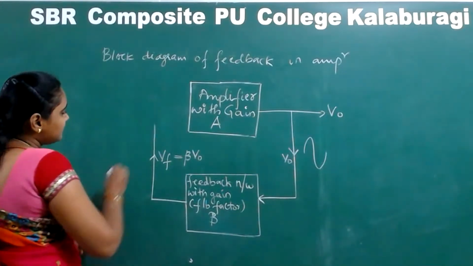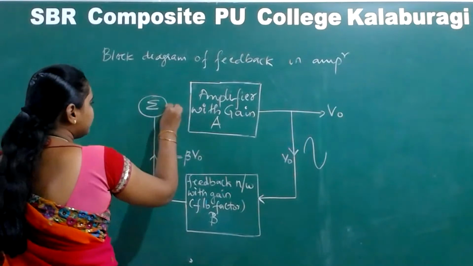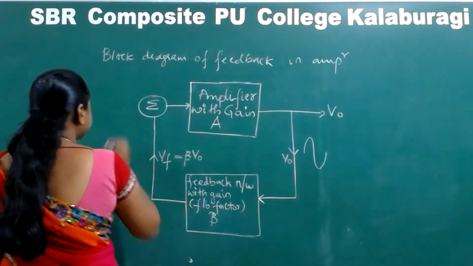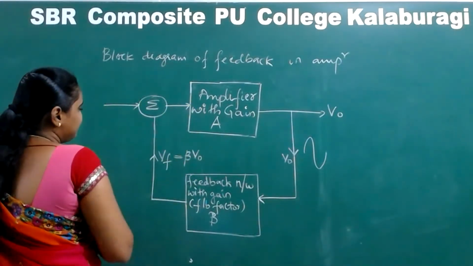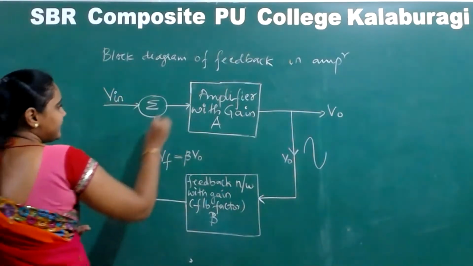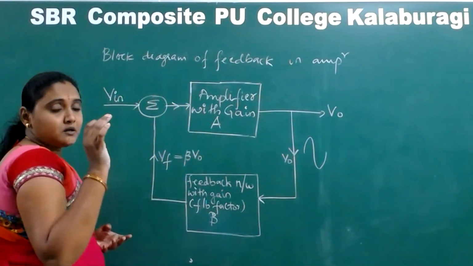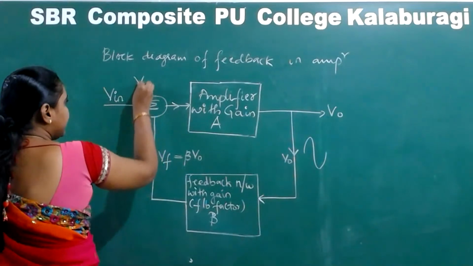Now the two signals are combined together and passed to the amplifier. The input to the amplifier is termed Vin, whereas the signal that enters inside the amplifier in the feedback amplifier is Vi.